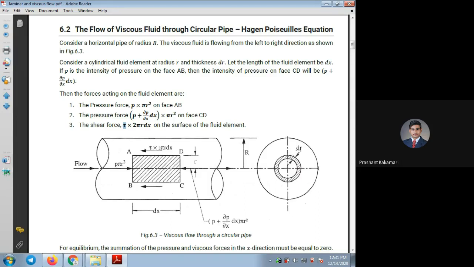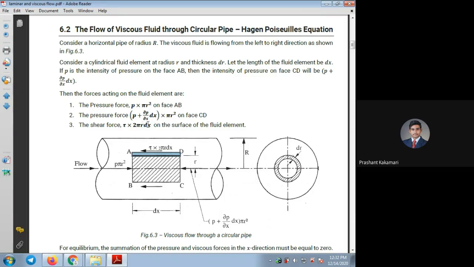To find the surface area of the cylinder, 2 pi r is taken, and the length of the cylinder dx is multiplied, to find the total surface area of this cylindrical object.